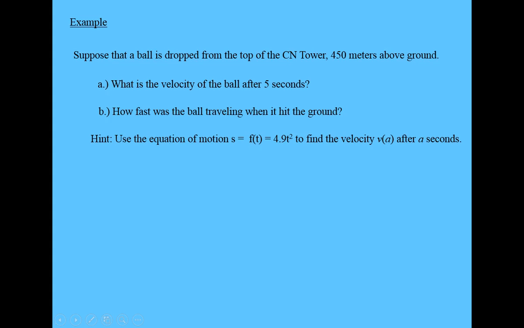Remember, Galileo found that a free-falling object can be modeled by f of t equals 4.9 t squared. That's how far the object has fallen after t seconds.